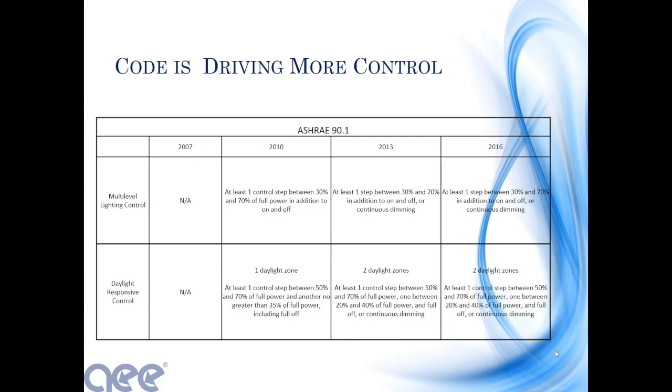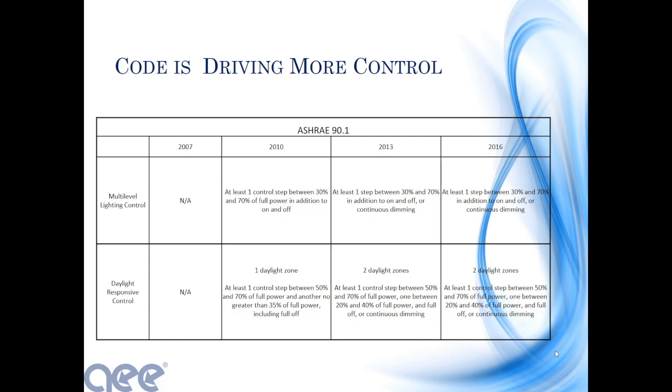Now you can do multi-level by switching lamps on and off, right? But if you take a look at the implementation cost and the technology, especially where LEDs are primarily dimming as a standard, it makes a lot more sense from an installation point to be able to use dimming to accomplish these.